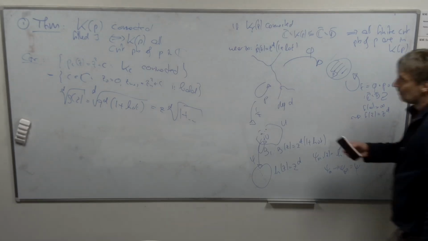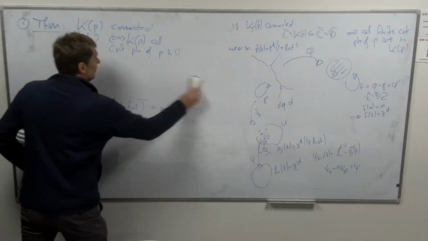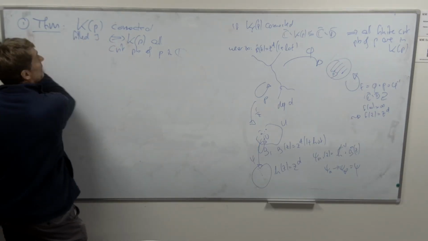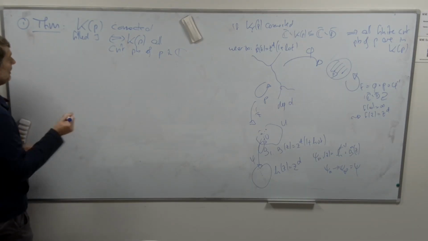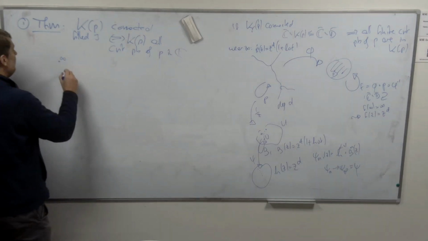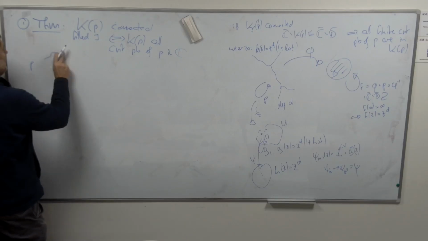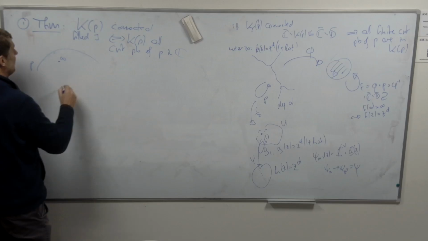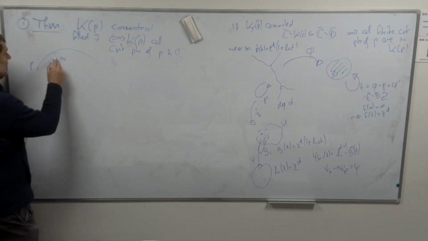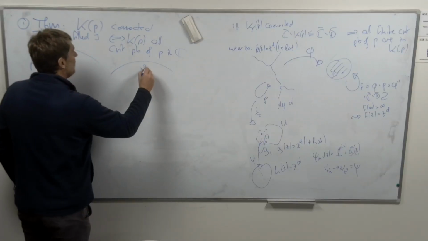Maybe, well, I erase this bit. So here is infinity for the polynomial. Somewhere, if you wish, there's a Riemann sphere, here's the point at infinity. We have a neighborhood around infinity, and then we have another Riemann sphere with infinity.